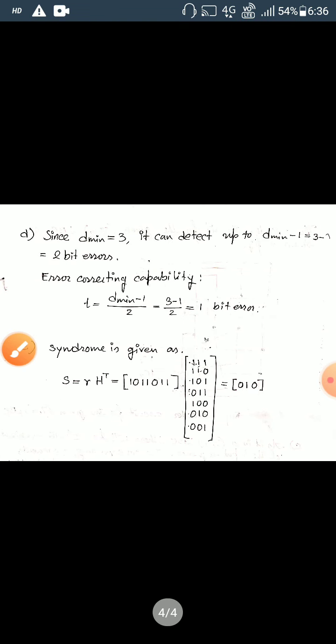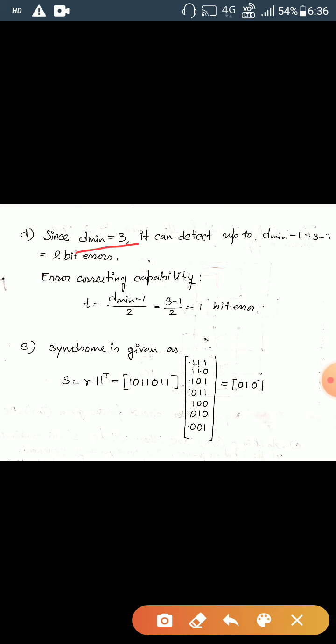So here it is written as, since d min is 3, it can detect d min minus 1 errors, that means 3 minus 1, so 2-bit errors.